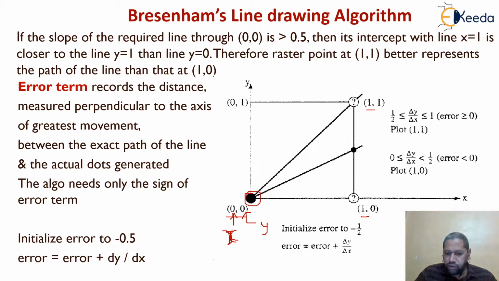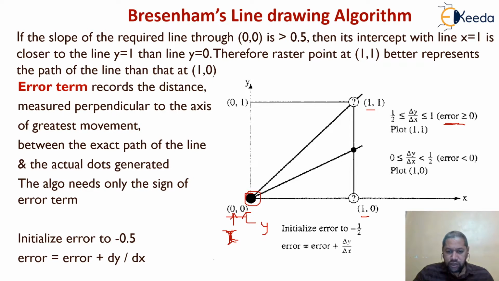So x is always incremented, so my x value will be 1. But whether y will be 0 or 1 depends upon the error term. So I am considering that it is based upon the error term.